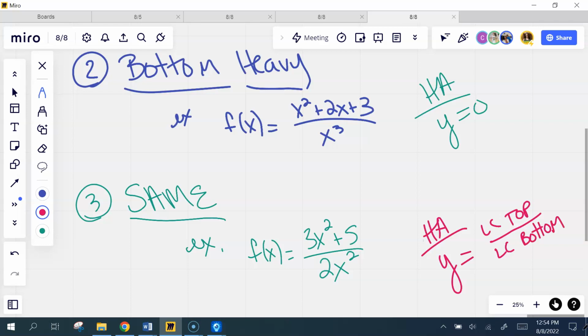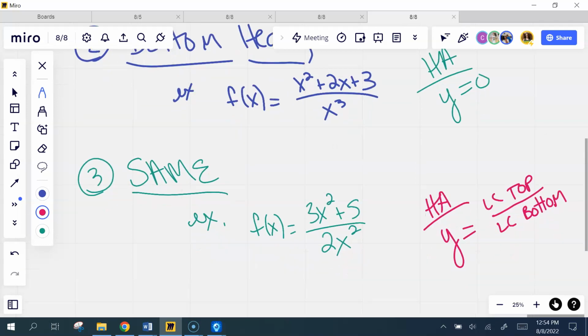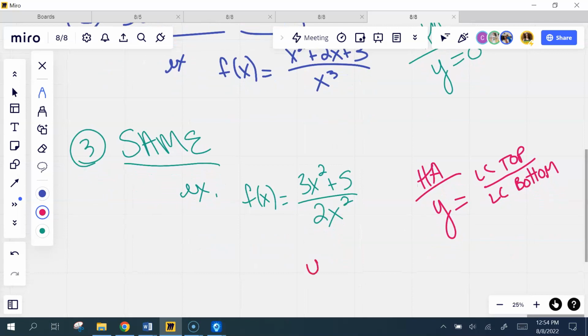So in the case of this one, what would my horizontal asymptote be? Just the leading coefficients: 3 over 2 is my horizontal asymptote in this case.